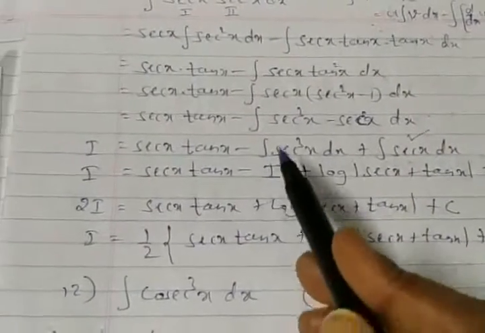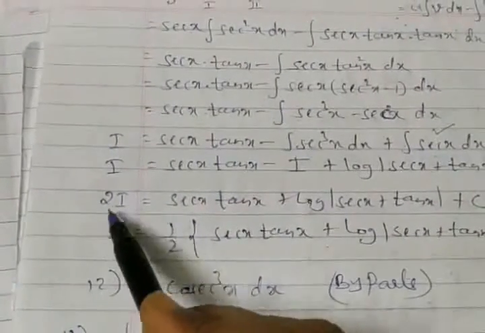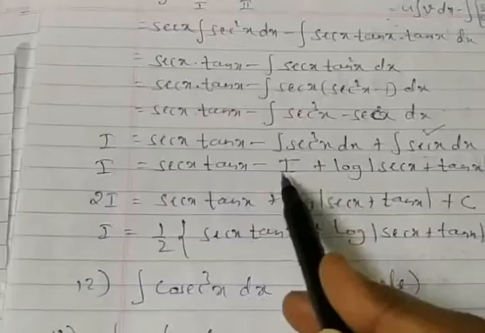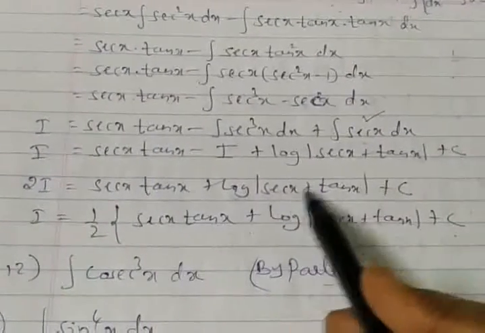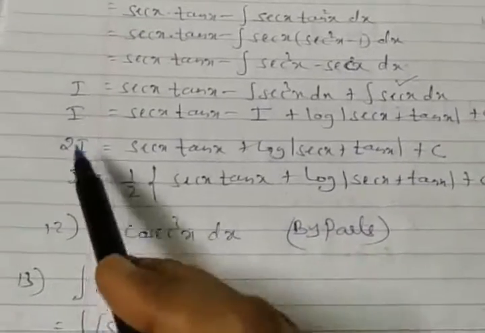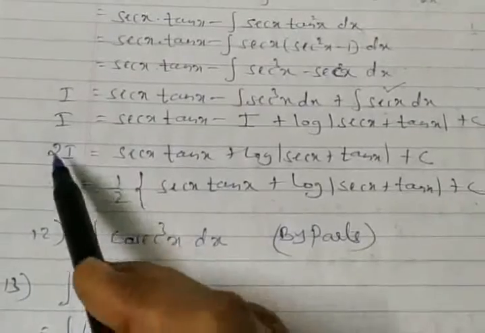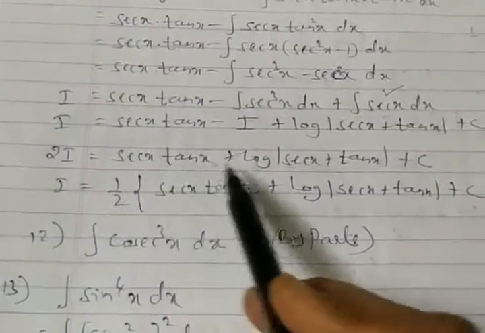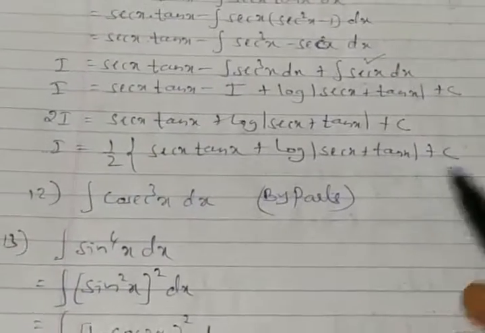Minus I can be transferred here, which gives us 2I. So 2I is equal to sec x tan x plus log mod of sec x plus tan x, plus c. So I, the question itself, that is integration of secant cube x, is equal to half of the whole term: sec x tan x plus log mod of sec x plus tan x, plus c, should be the answer.